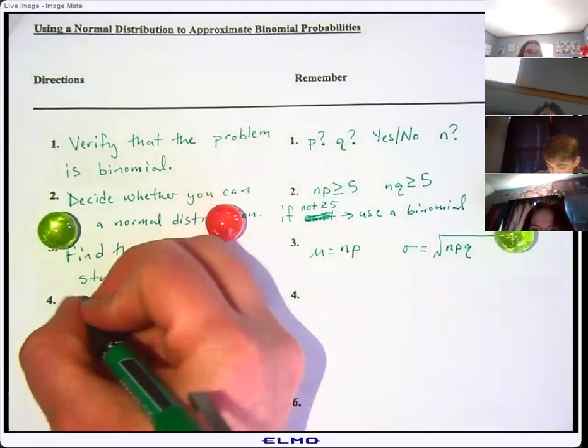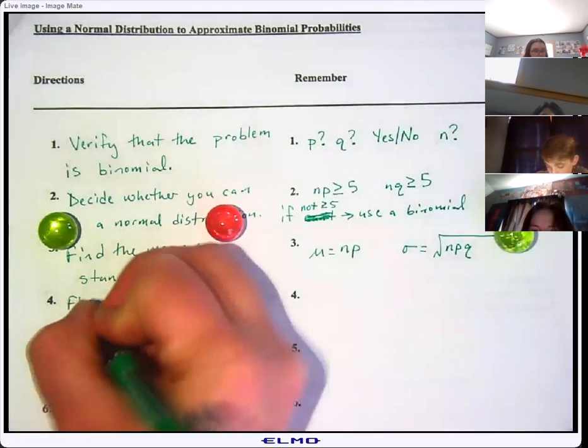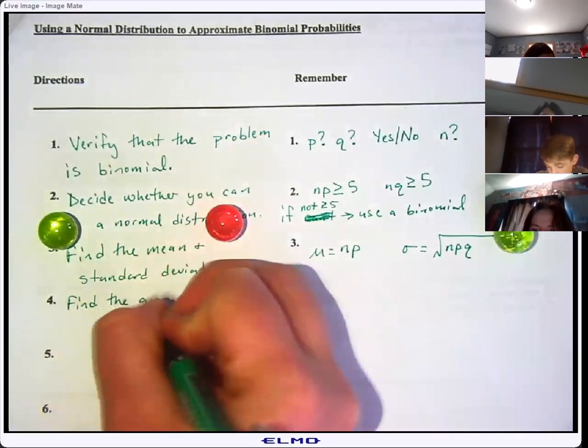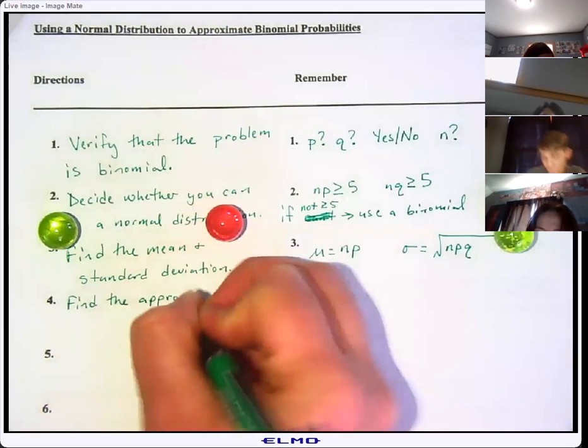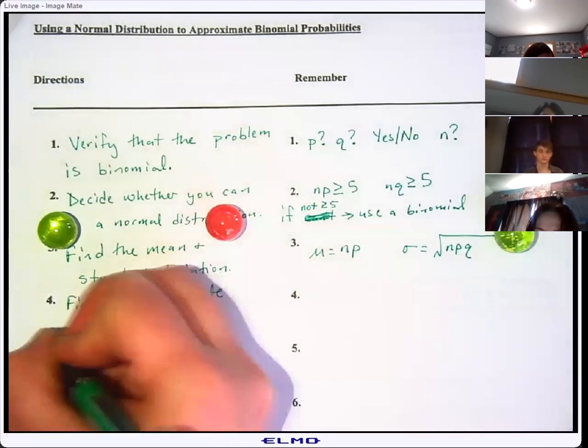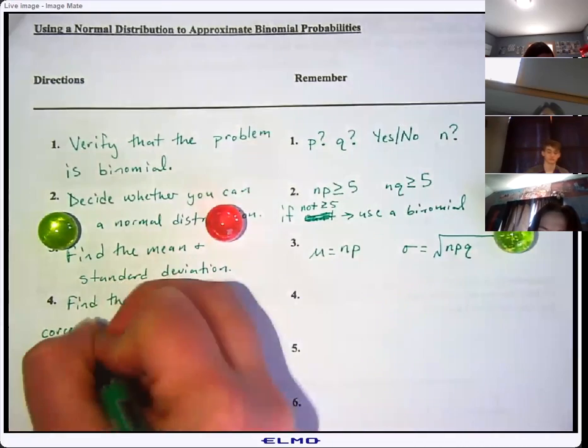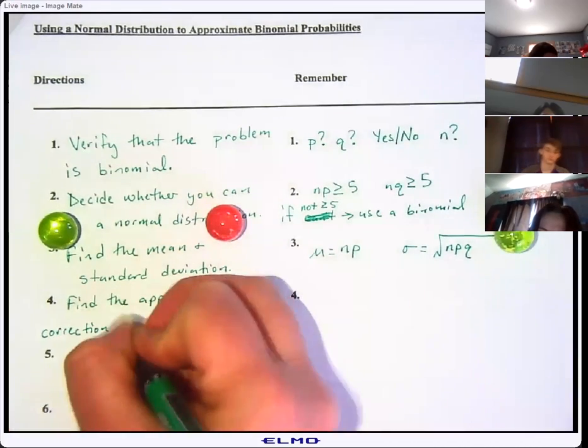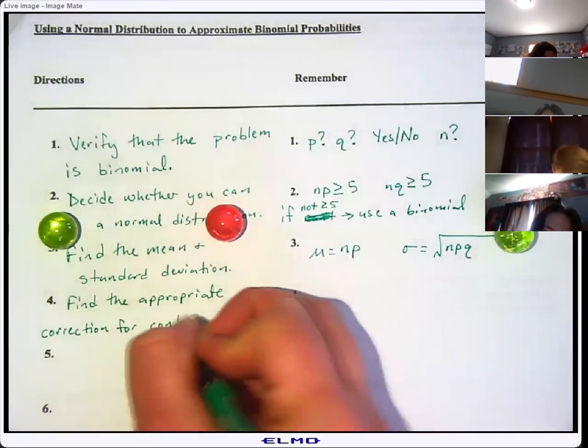Number 4 is find the appropriate correction for continuity, which is what we just practiced a little bit ago. That's plus or minus 0.5.